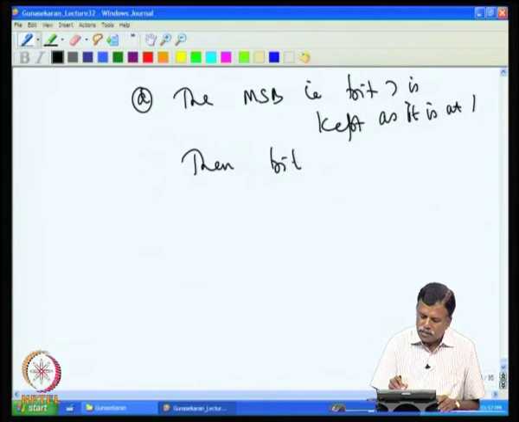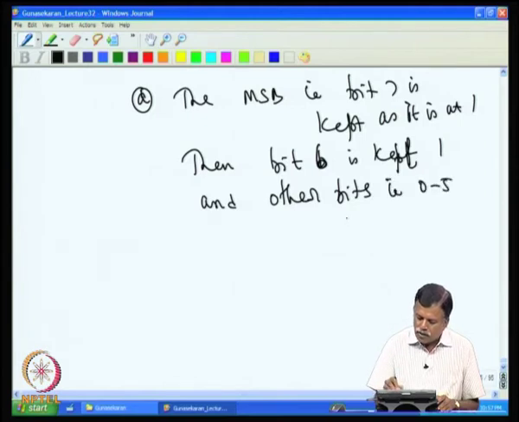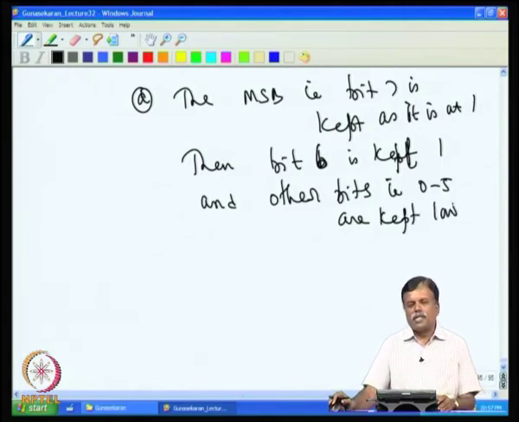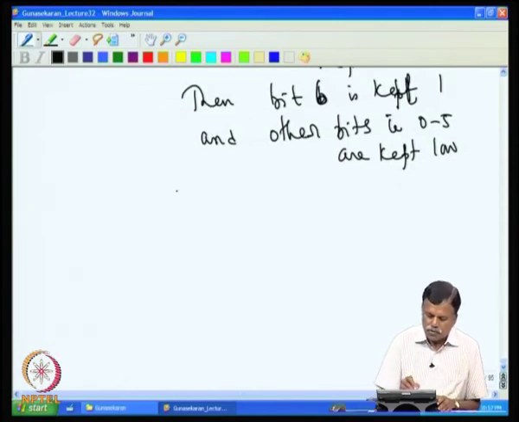Then bit 6 is kept 1, and the other bits, that is 0 to 5, are kept low. So, now bit number 7 and bit number 6 are high.